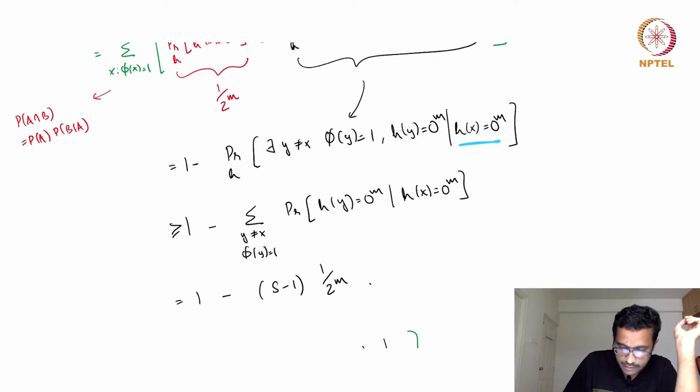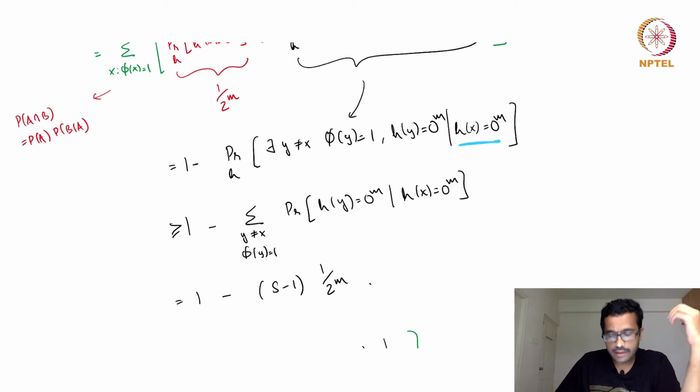Now we have the second term, 1 minus this probability. We can take each and every satisfying assignment of phi and check the probability that h of y is 0. Instead of saying there exists a y for which h of y is 0, we add up the probabilities for each y that h of y is 0, because we are taking the union bound of all these events.